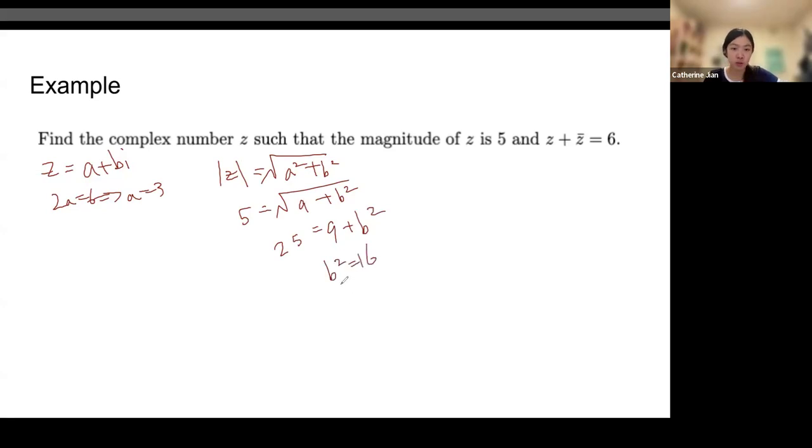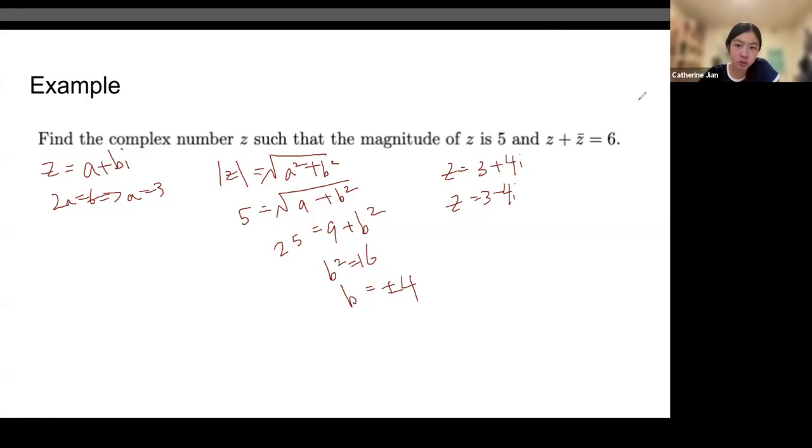And here we have to be careful because b can be plus or minus 4. So there are two complex numbers z that satisfy this: z is equal to 3 plus 4i, and z is equal to 3 minus 4i. And you might notice that these are conjugates because they're symmetric.